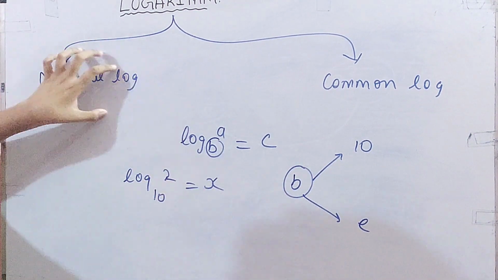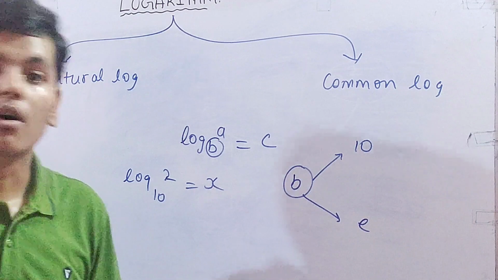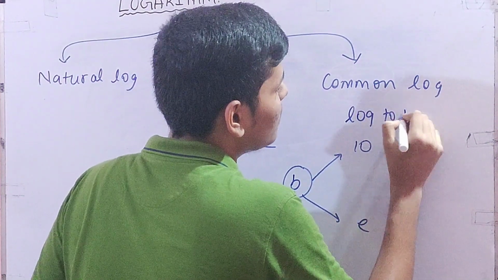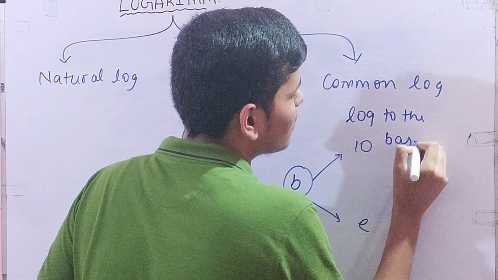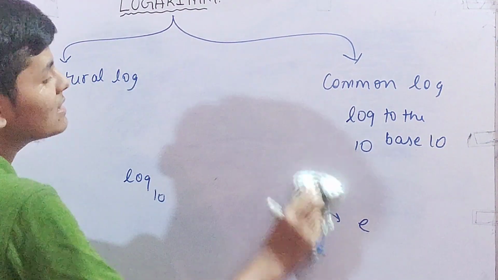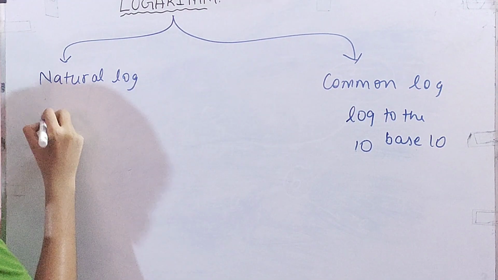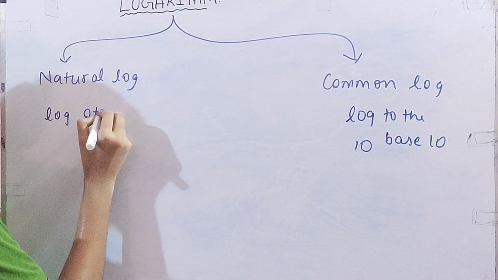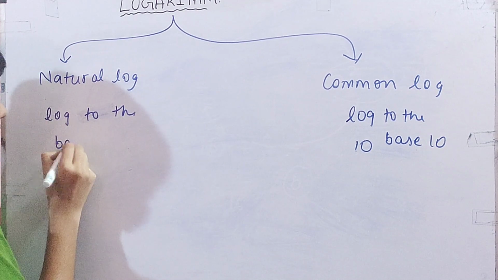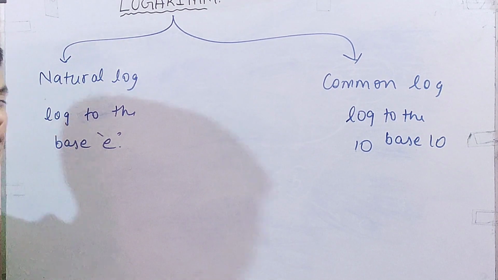Now we have a natural log and a common log. The common logarithm is in the form of log to the base 10. That is the common log. And what is the natural log? Natural log is nothing but log to the base e.